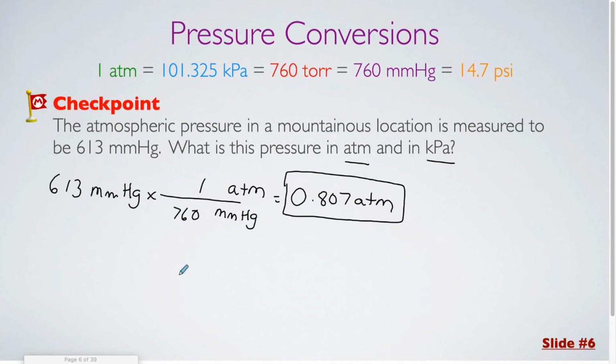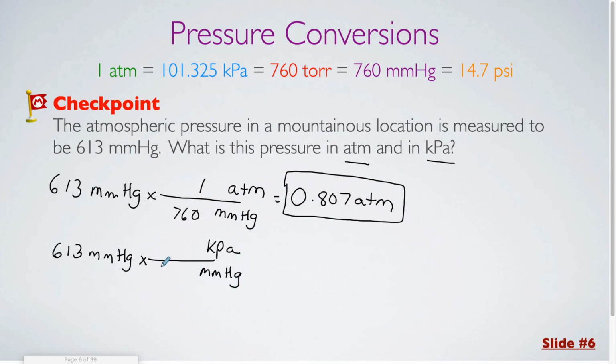Now in this problem, we are also asked for this pressure in kPa. I could convert from the atmospheres into kPa, but I could also convert from the original millimeters of mercury, and that's what I'm going to do. So I'm going to write down my 613 millimeters of mercury again. Millimeters of mercury is still on the bottom, but this time I'm going to be going to kPa.